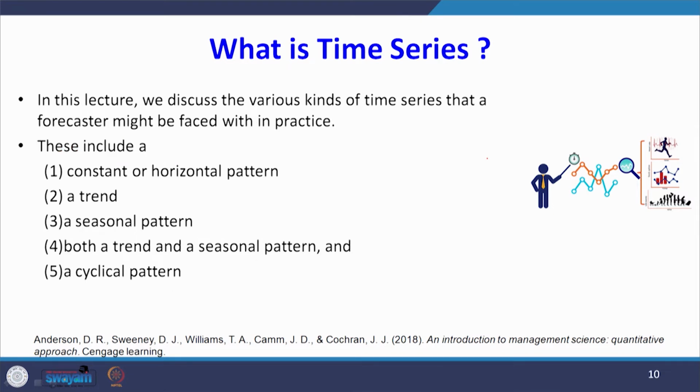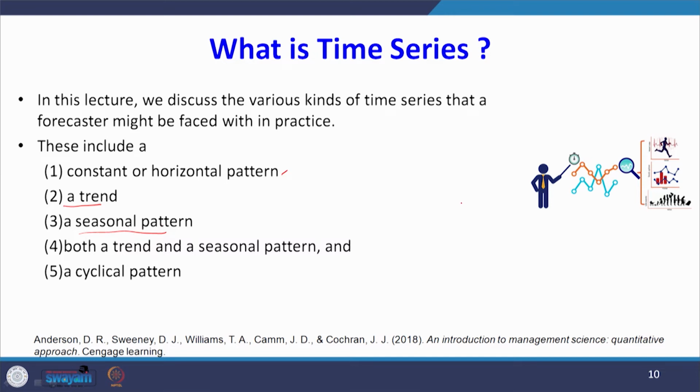In this lecture, we discuss the various kinds of time series that a forecaster might be faced with in practice. These include constant or horizontal pattern. The time series may follow a trend, a seasonal pattern, or both trend and seasonal, or a cyclic pattern.